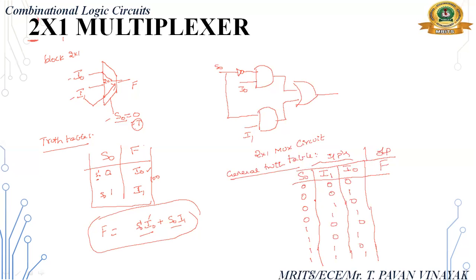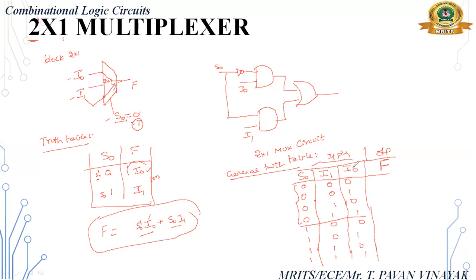This is one combination. Now I have to write F equation. So what is the purpose of multiplexer? Based on this selection line, output will occur. Right? Up to here, observe here. Up to first four numbers, S naught is 0. If S naught is 0 means output will be I naught, right? Output will be I naught.